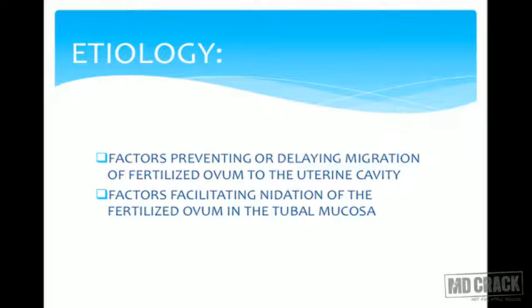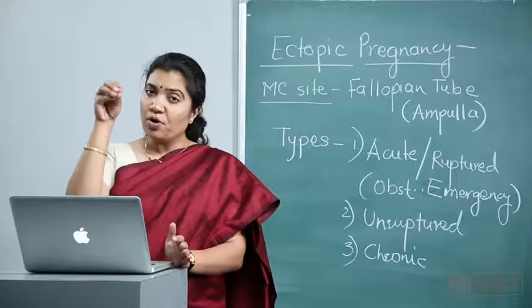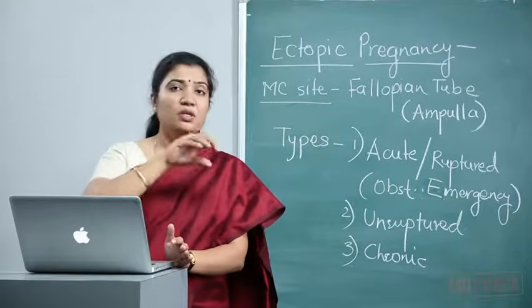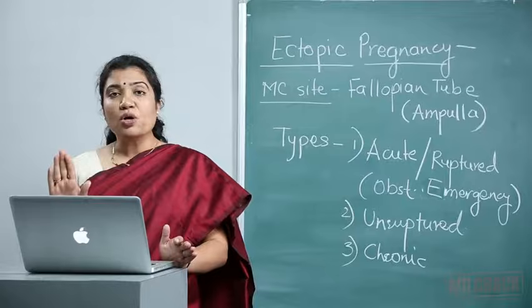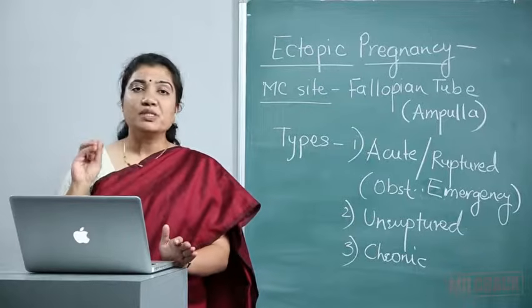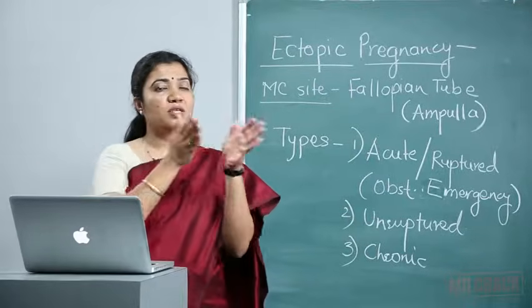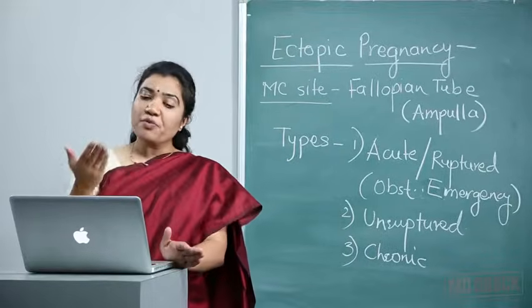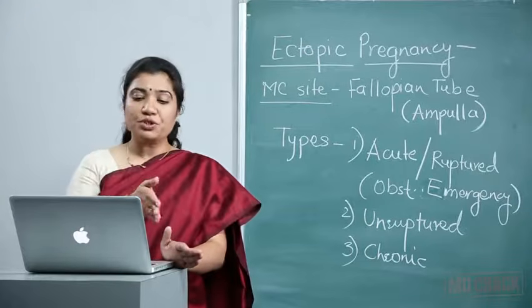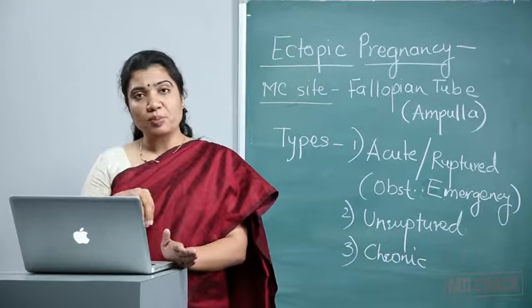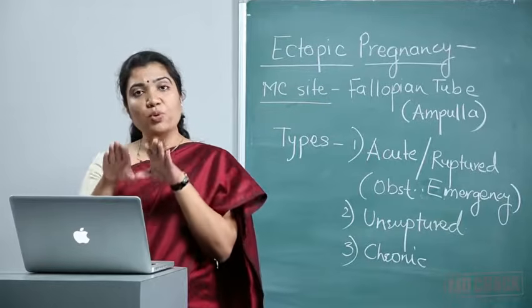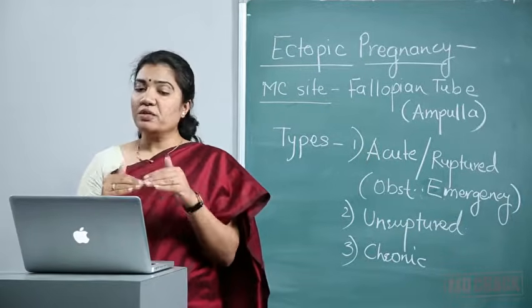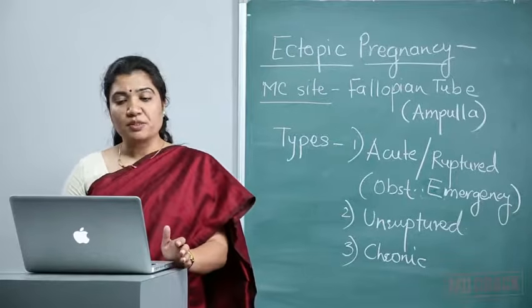Suppose there is any problem which avoids this, that means the factors preventing or delaying the migration of this fertilized ovum from the fallopian tube to the uterine cavity, these factors will cause implantation in the fallopian tube itself. They are avoiding this transfer to the uterine cavity, so the implantation takes place in the tube itself. Or there can be factors which will facilitate the nidation of the fertilized ovum in the tubal mucosa and thus the embryo remains over there. So any of these factors would lead to ectopic pregnancy.